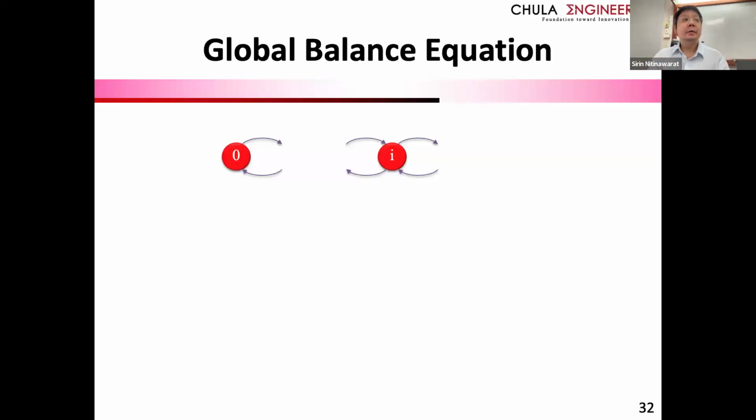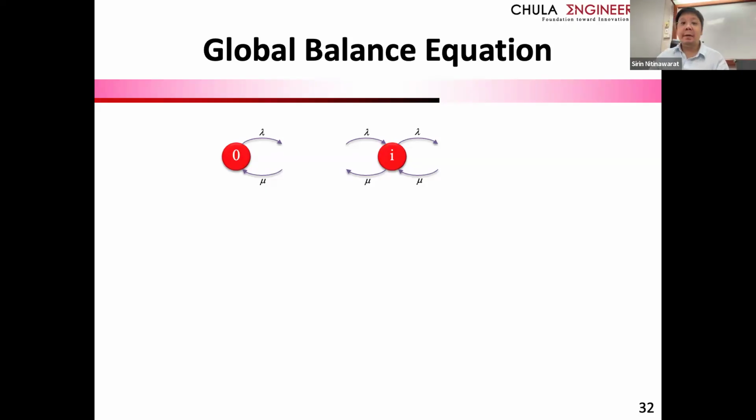What do I mean by that? It can be described simply as: for each state in the state transition diagram, once I take into account the stationary probabilities, the total frequency going out should be equal to the total frequency coming in. Okay. What do I mean by that? I know the transition rates, right?